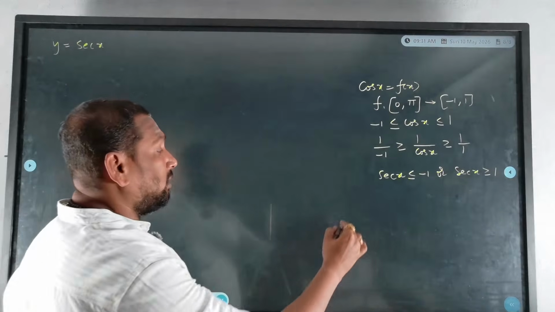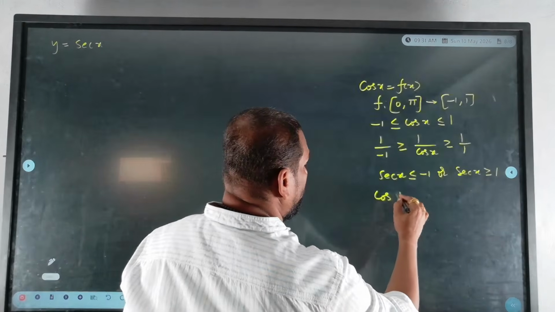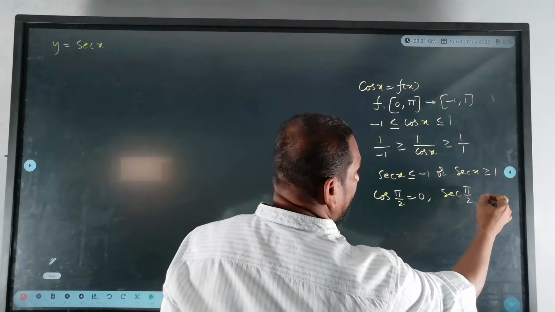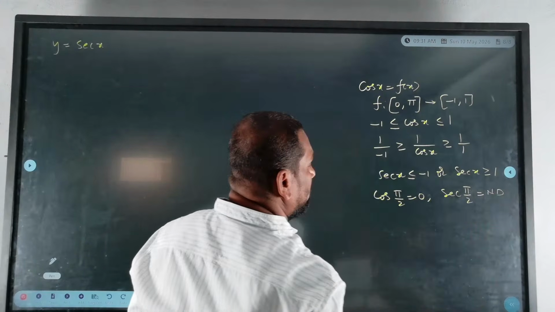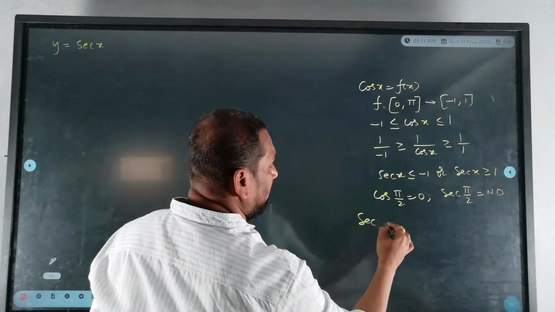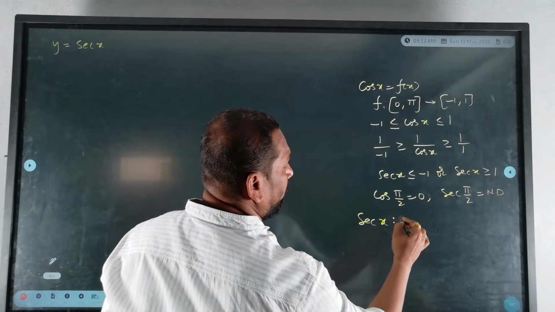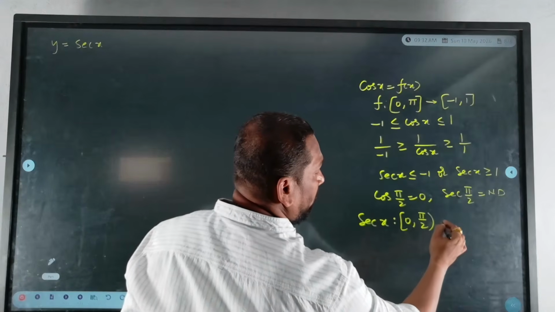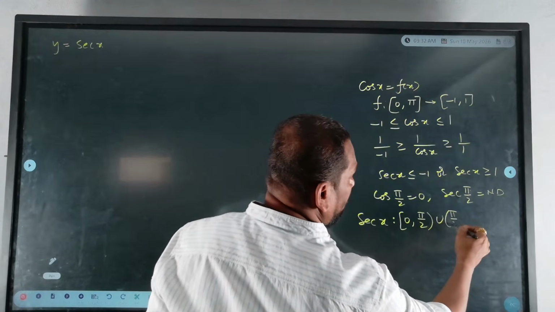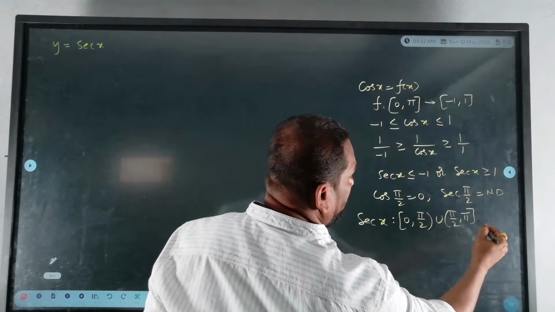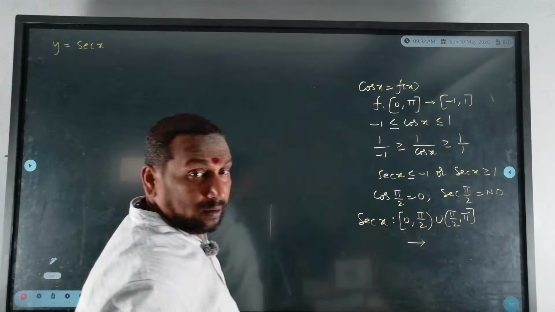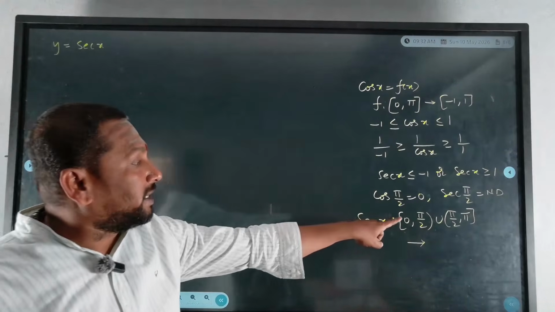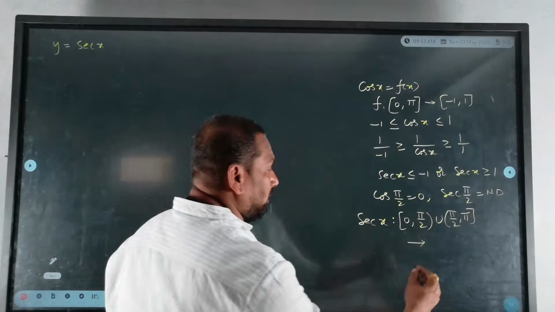But what about cos 90? It is 0, so secant 90 is not defined. So secant x maps from 0 to pi by 2 open union open pi by 2 to closed pi. It is domain, 0 to pi except pi by 2. What about range?